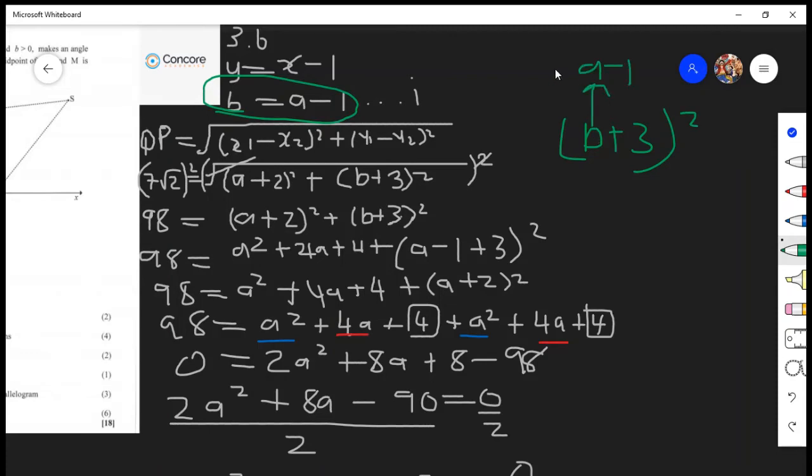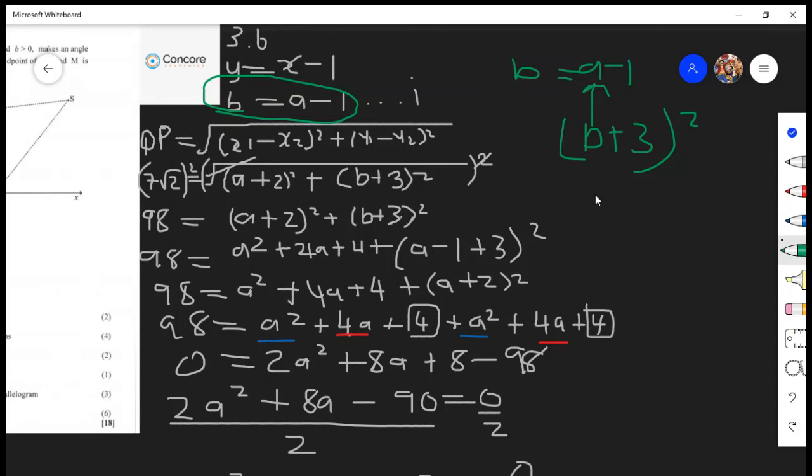So all I did was to solve for a, right? Because I had two unknowns. I had unknown as a and I had another unknown as b. So in order to solve simultaneous equations, I used the first equation I had and substituted it into the second equation in order to only have one unknown, which was a.